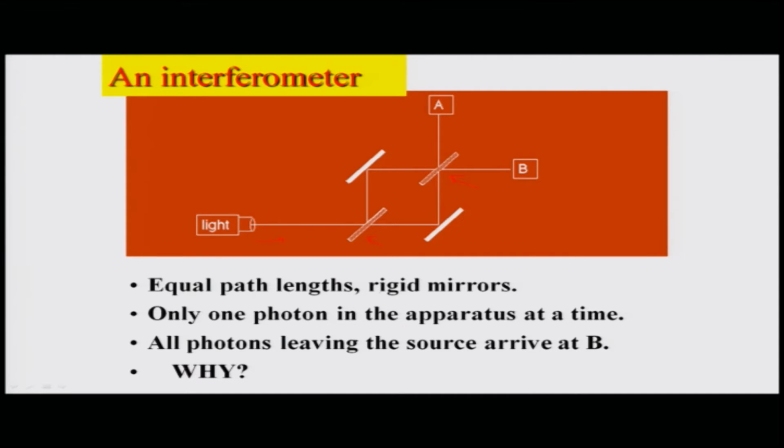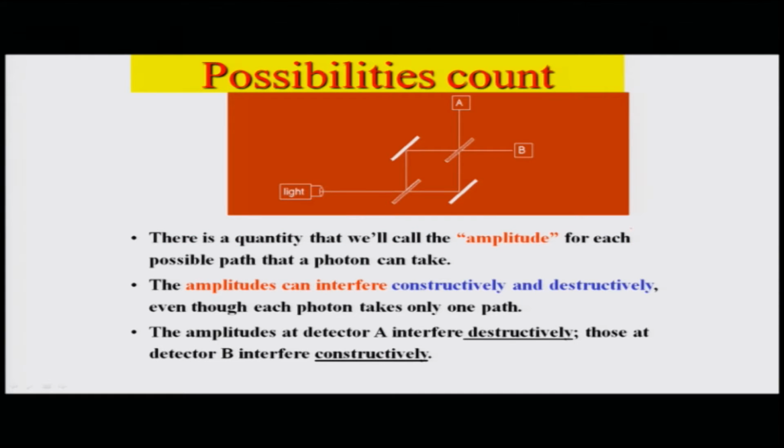So, a natural question to ask, if we are allowing only one photon to go through such an interferometer and detecting photons only in one of the detectors rather than the other, is to look into this a little bit more carefully. So, then we have to look into this in a slightly different way.